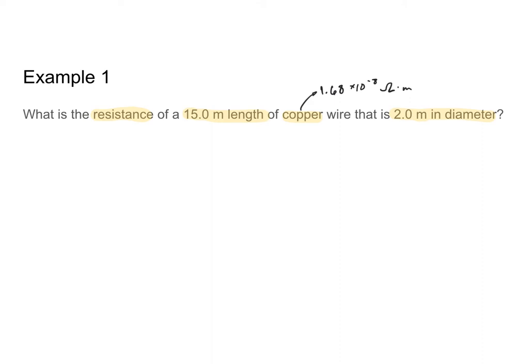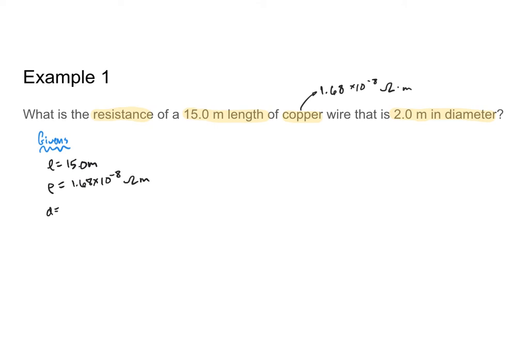So now that I've translated from English to physics, let's go ahead and start by listing out our givens. So I know that my wire's length is 15.0 meters, and that its resistivity is 1.68 times 10 to the negative 8th ohms times meters.